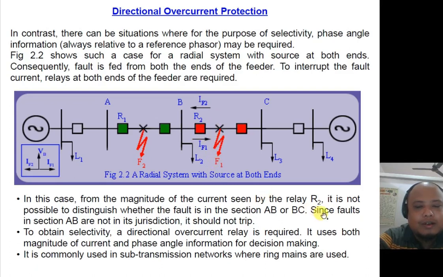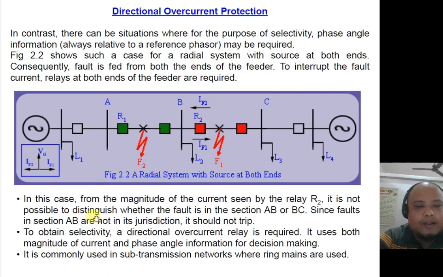Now, since the fault in the line section AB is not in its jurisdiction, this fault in this line section is outside the operating zone of relay R2. R2 should not operate primarily for this line section, it should act only as a backup protection.